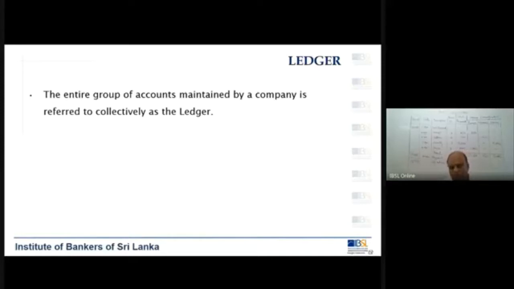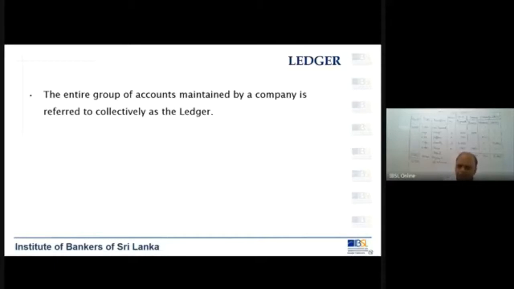So it was a very difficult task for companies in those days, maintaining books. But it is important to note that in the good old days, the amount of transactions was also very low. So the companies were in a position to maintain those books, even though it was a complex activity, because the volume of transactions was very low.